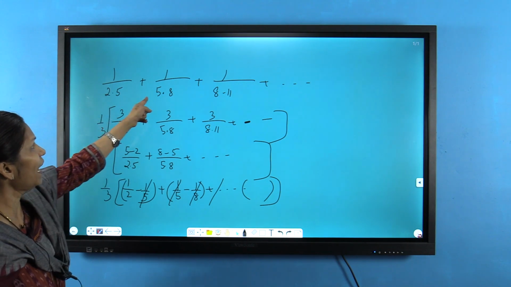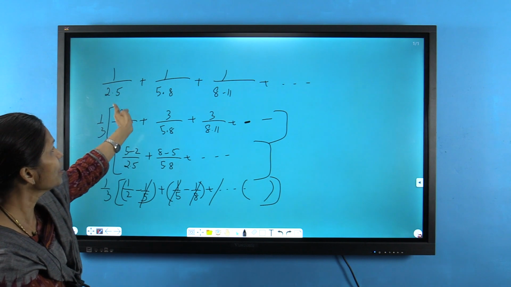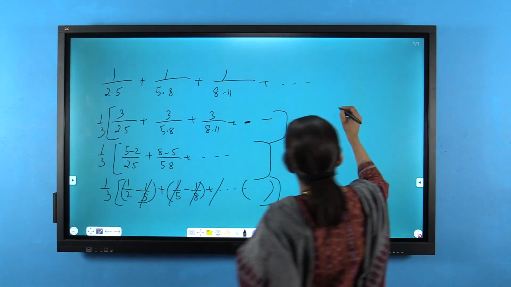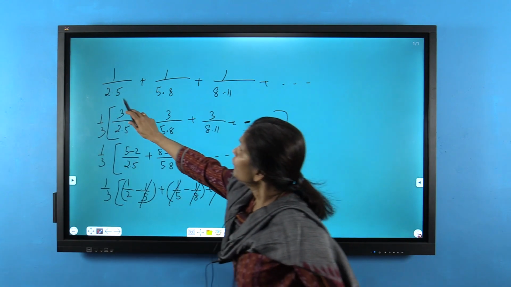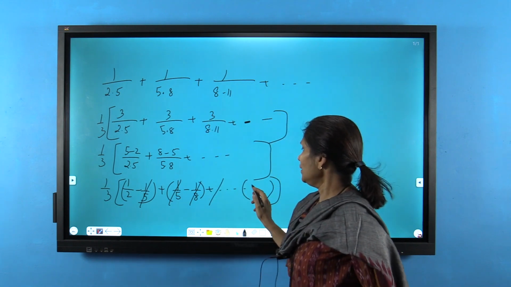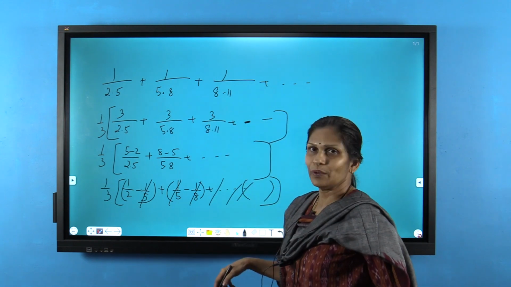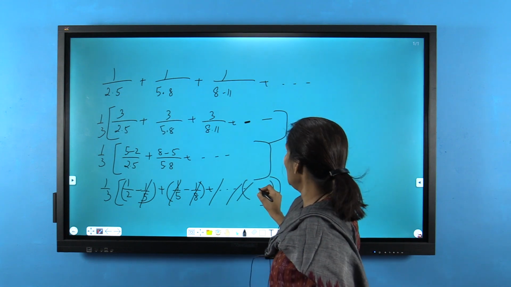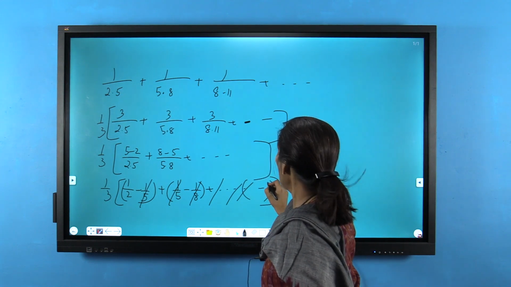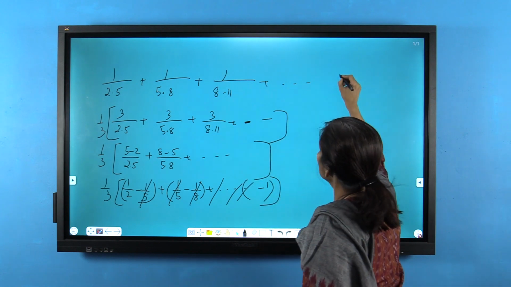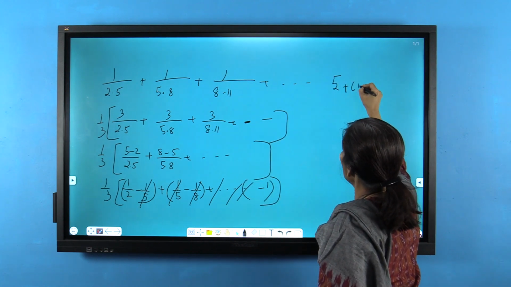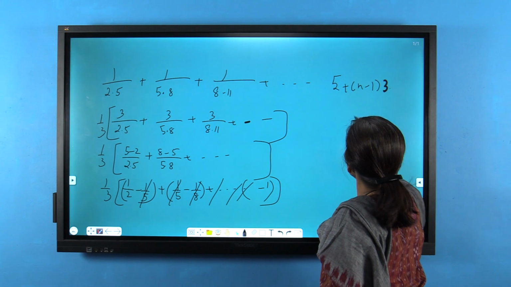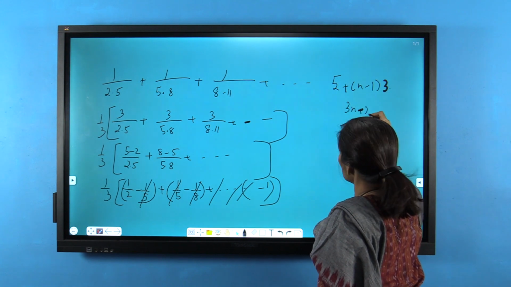Let us determine the nth term of this sequence 2, 5, 8 and so on, and 5, 8, 11. Anyway, the nth term here is going to cancel with this. Only the nth term of this sequence is going to remain. What is the nth term? a plus n minus 1 into 3, which is 3n plus 2.